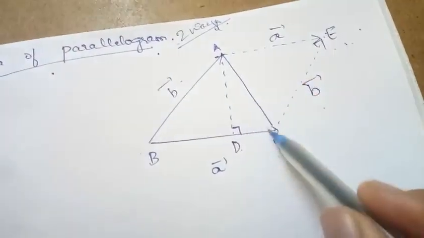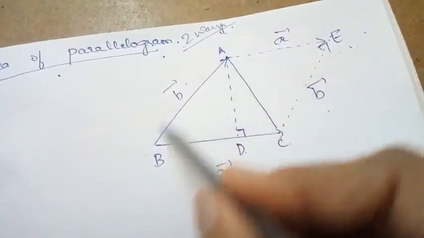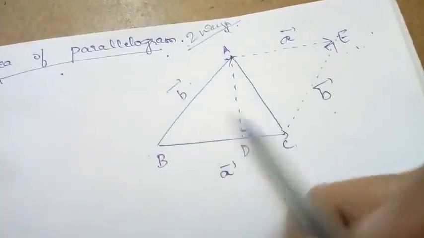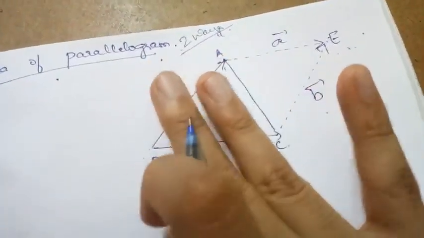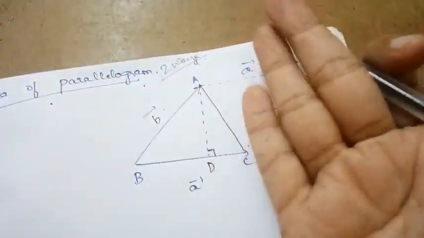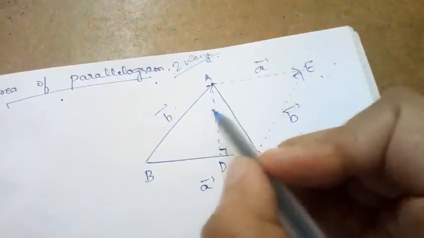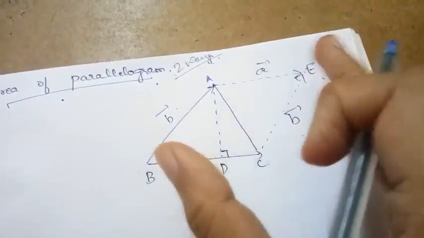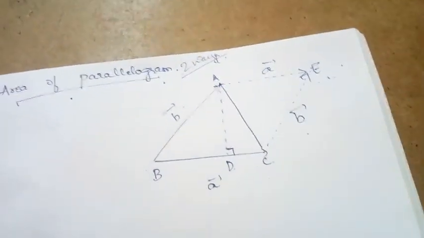So we know that ABC is nothing but the area of a triangle. If I flip this triangle in this direction, we are going to get this triangle.